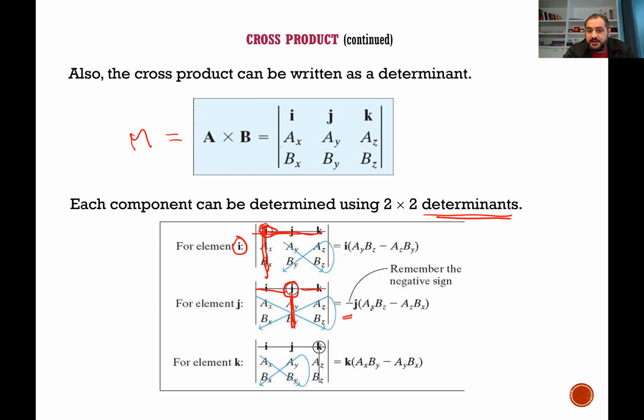So we have ax bz minus az bx. The same goes for the k element. k is in the first row, third column, so we find the determinant from here, ax by minus ay bx. And then we just combine all of them, i minus j plus k, with respect to the value in each component here.